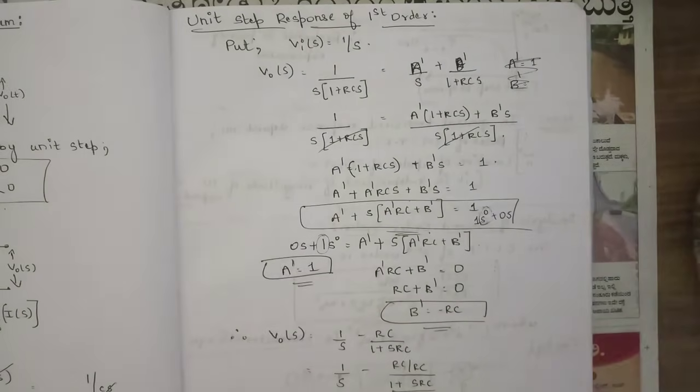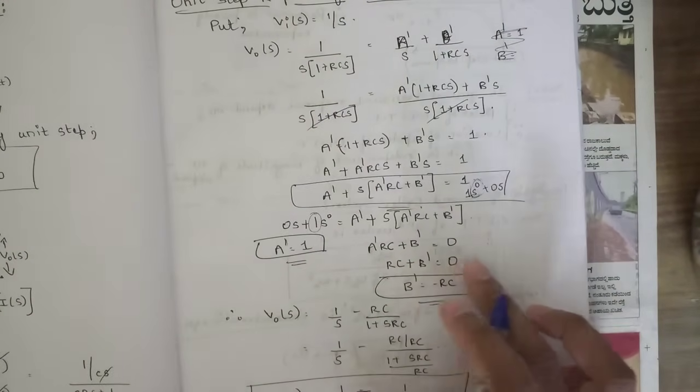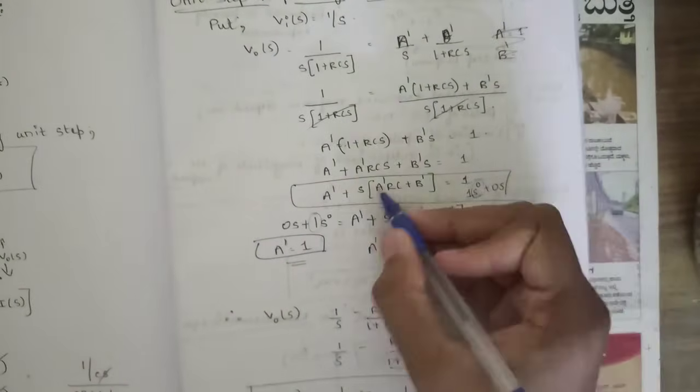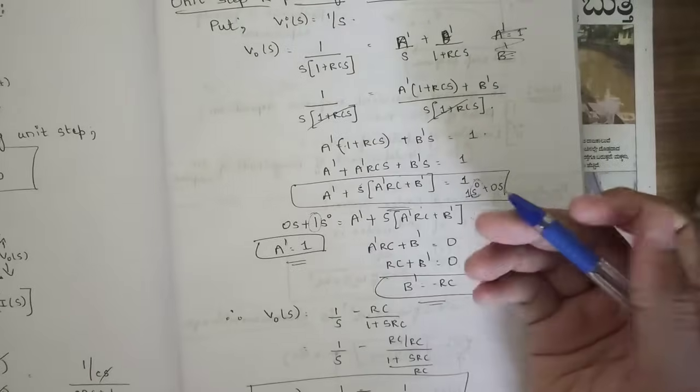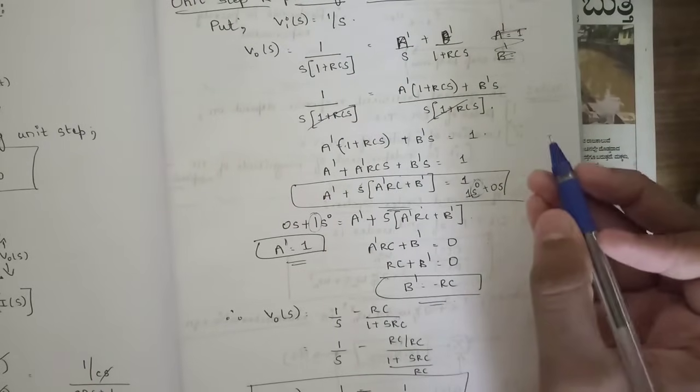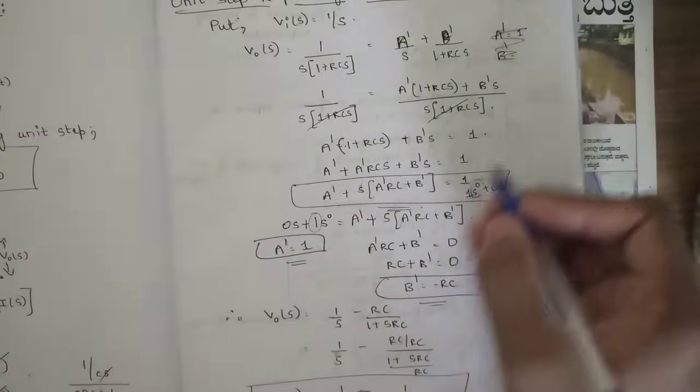That is RC plus B dash is equal to 0. Why is A dash RC plus B dash equal to 0? Because we have S into A dash RC plus B dash, and we are considering the coefficients of S to the power 0 here.